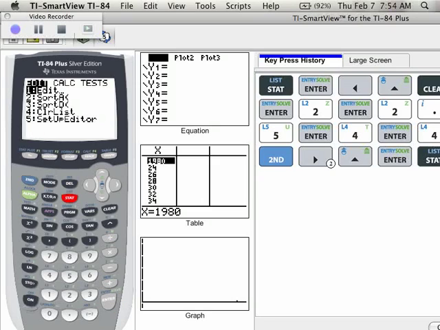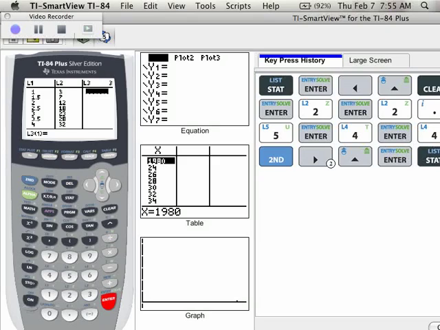Let's see if I can do it that way. Stat. No, that's not going to work. My bad. All right, let's try it the other way. Don't hit enter. Arrow up to L3. Don't hit enter. And hit stat. No. Second stat. Did it twice, because I don't pay attention to my own notes.